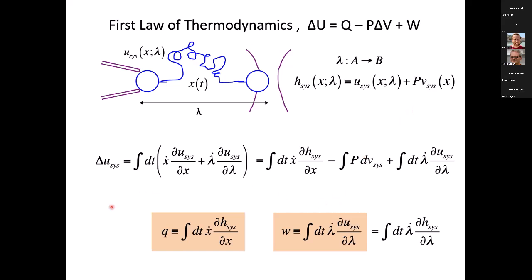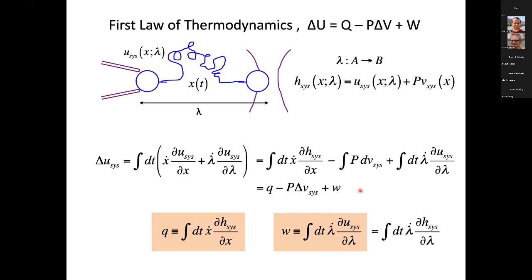And now, having rewritten things, I get, by construction, the first law back, namely the change in the value of this fluctuating internal energy is just the heat absorbed by the system minus P times the net change in this fluctuating volume plus the work that's performed on that system.